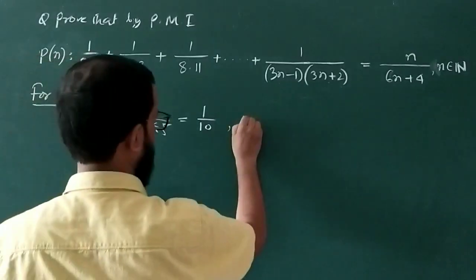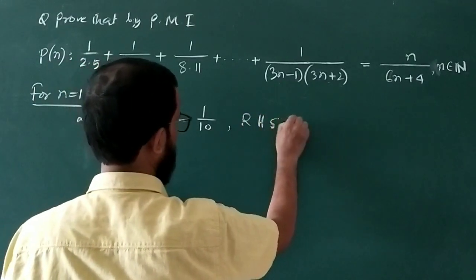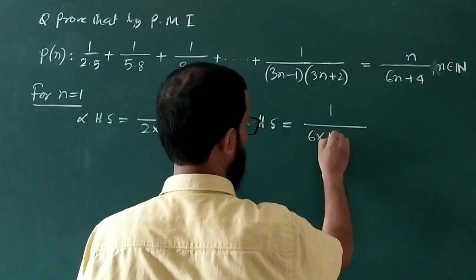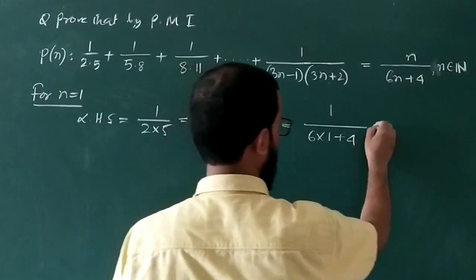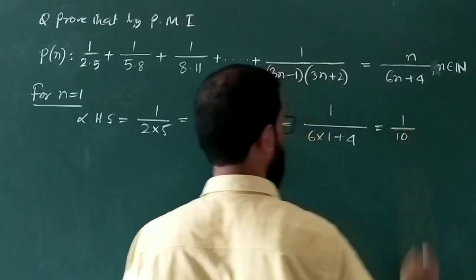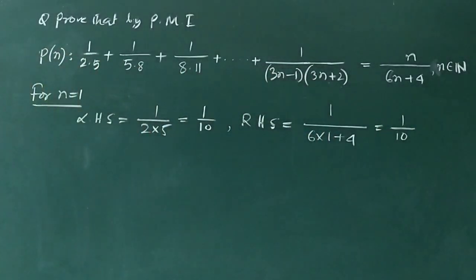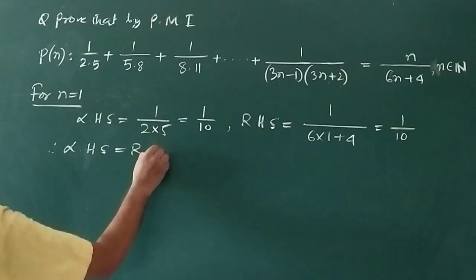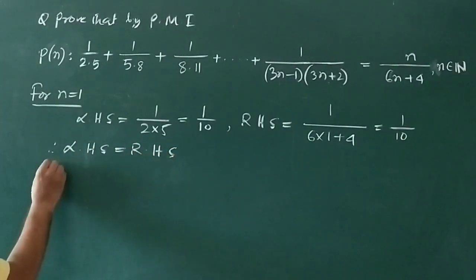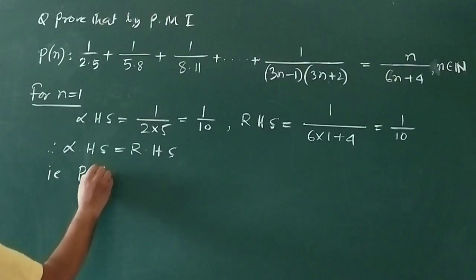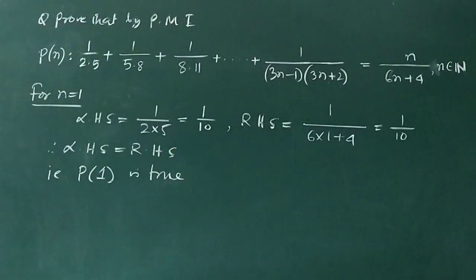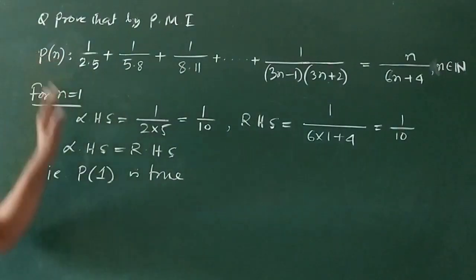And right hand side is what? If you put n as 1, then 1 by 6 into 1 plus 4, equal to 1 by 10. Therefore left hand side is equal to right hand side. That is P1 is true. So क्या हो गया? For n is equal to 1 the statement is true.